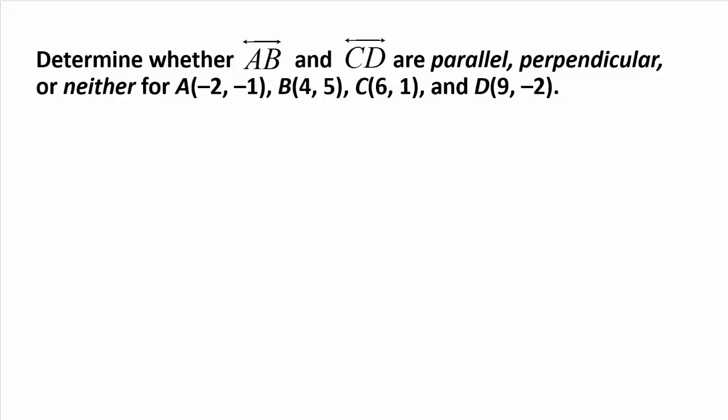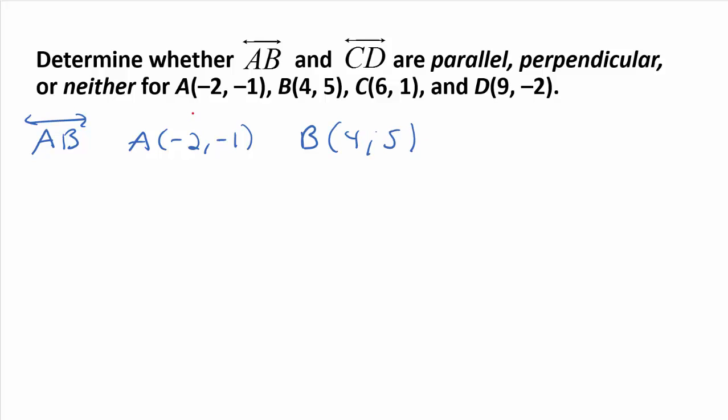For our last problem, we want to determine whether line AB and CD are parallel, perpendicular, or neither. And then they give you all of the coordinates for the points A, B, C, and D. So we're going to look at line AB first. Let's go ahead and find the slope of that. Our point for A, I'm just going to rewrite these to make it easier: -2, -1. And B: 4, 5.